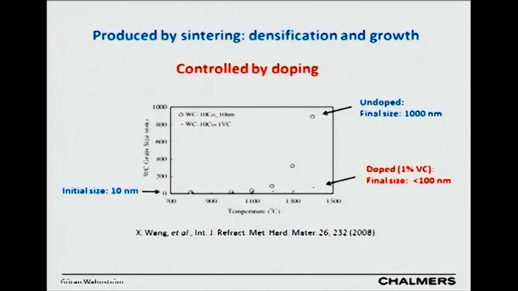They dope the material. If you put a little vanadium carbide into the system, then the size is reduced, and it's quite a large reduction, more than a factor of 10. It's not a 5% effect. And if you would like to have small grains, this is of course crucial.